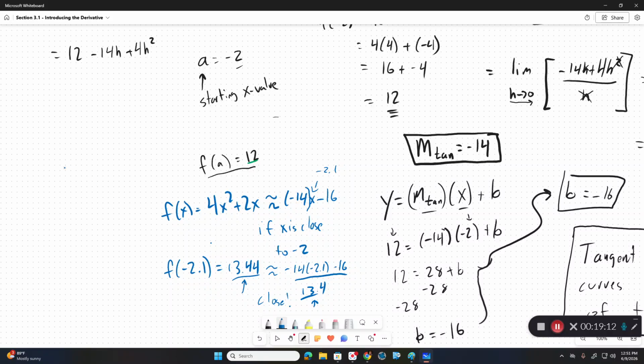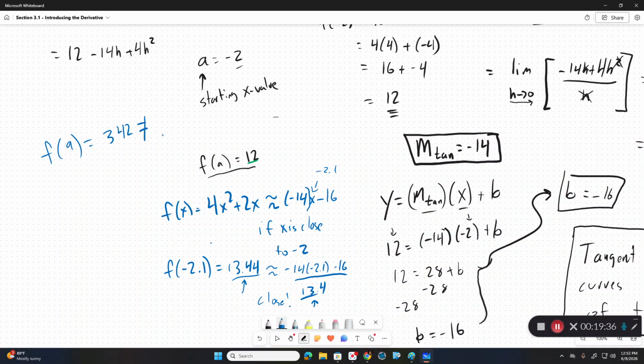Now, if I was trying to compare f of 9, which is much, much further away, so if you think about it, f of 9 is what? Sorry, it's 342.